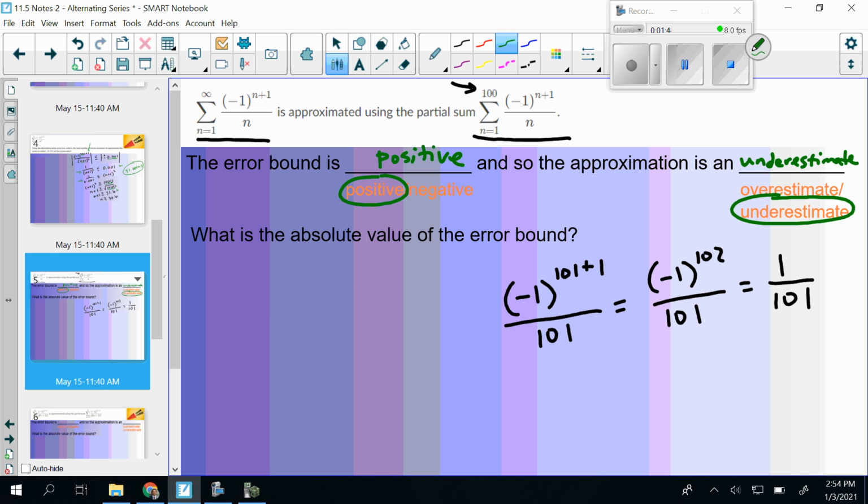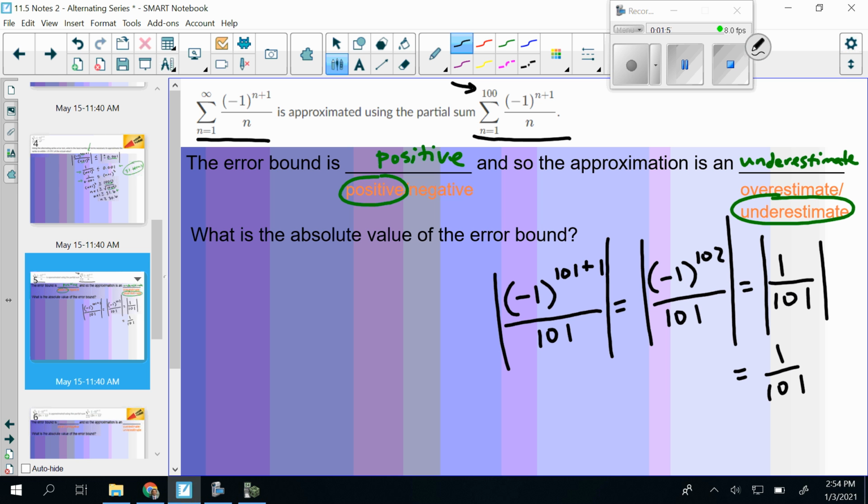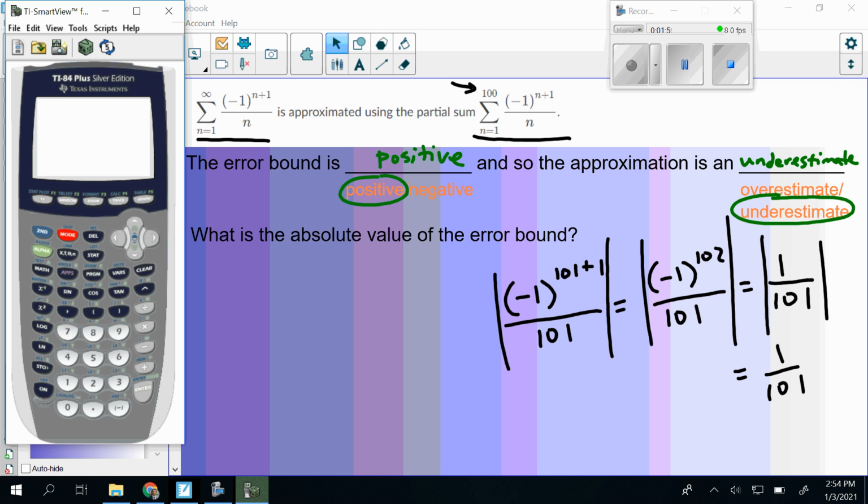Okay, so let's find out what that estimate actually is. If we want the absolute value of this, it's not going to really change much. The absolute value is still going to be just 1 over 101. And so if we go to our calculator here and do 1 divided by 101, the error bound should be within 0.0099.